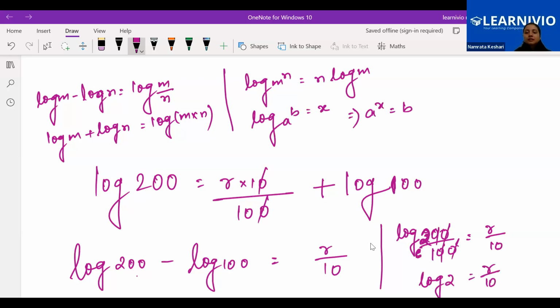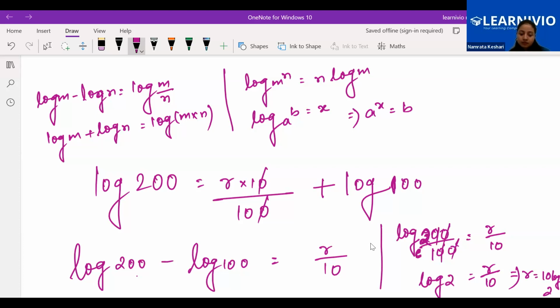Right, Murtaza? Yes, ma'am. So r will be 10 log 2, right? Right, Murtaza? Yes, ma'am. Let's keep our answer like this only.